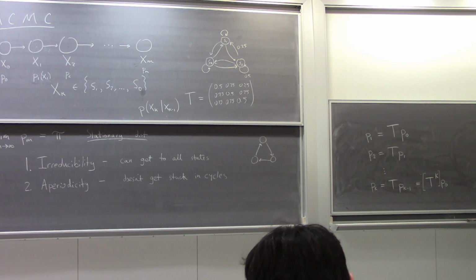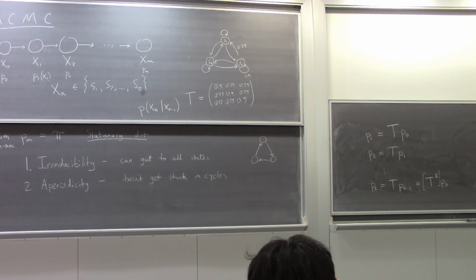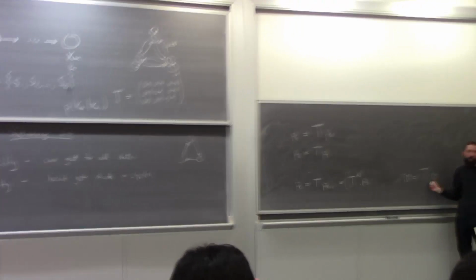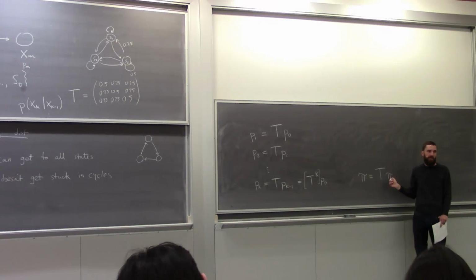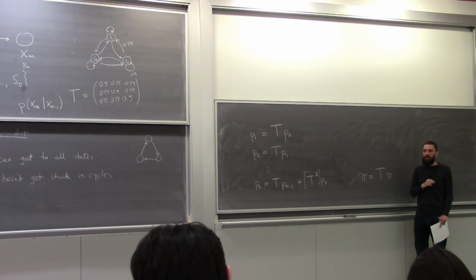Now, if I want a stationary distribution, what does that mean? That means I want it to be the case that applying T to my stationary distribution gives back the same distribution. That's where the name stationary comes from. Who can tell me what that means if I think of pi as a vector? What does that mean in terms of matrix lingo? It's an eigenvector.